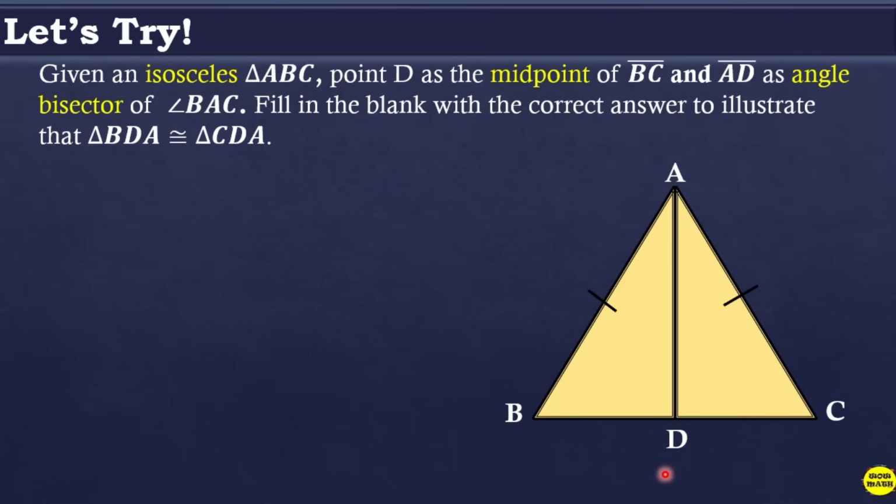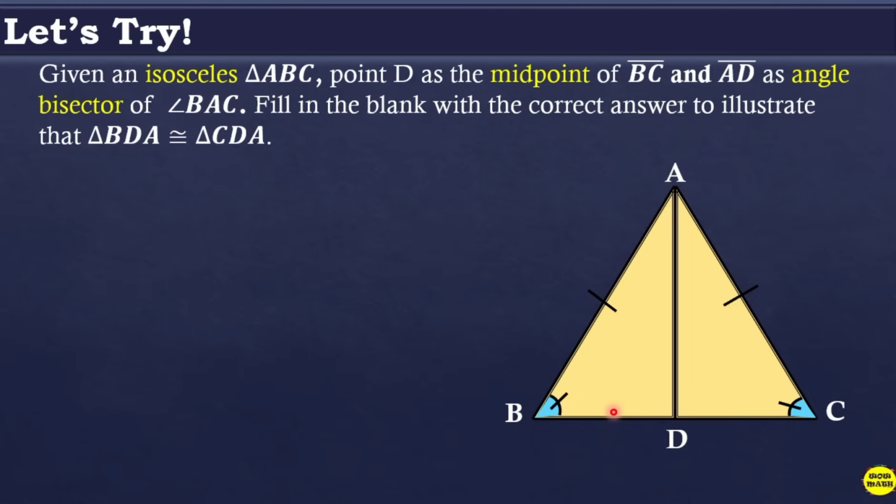Okay? Yung dalawang side. So, ito yung triangle mo, triangle ABC. Now, yung two sides niyan, congruent kasi isosceles. Sabi dito, point D as the midpoint of BC. So, kung midpoint siya, congruent segments ito.